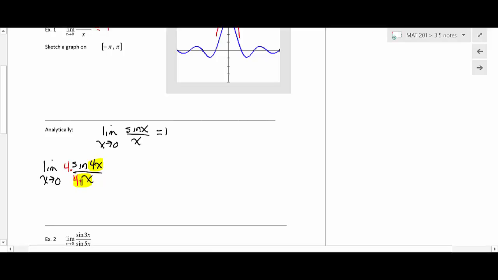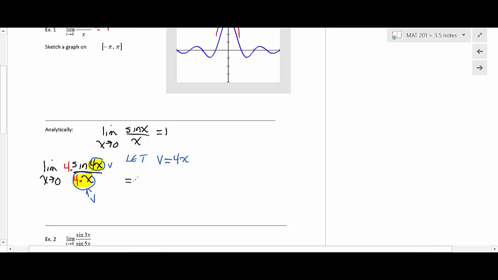Okay. So what we can do here is a substitution. We're going to pick any letter you want. Let's say V. Let's let V be 4x. So what I'm going to have you do is replace that 4x with v. Now let's write down what we have.